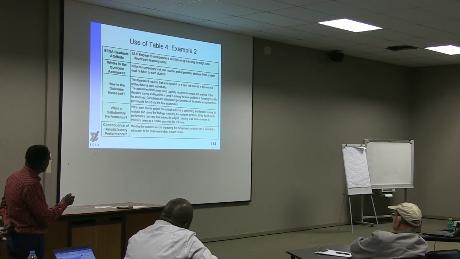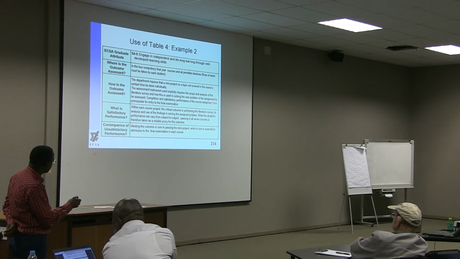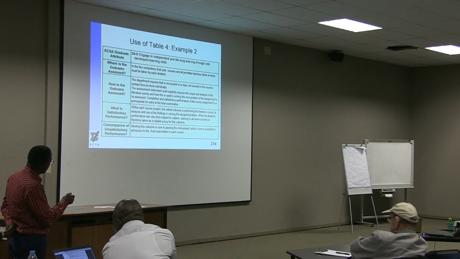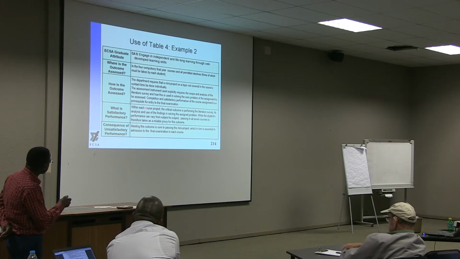The assessment instrument used requires the scope and analysis of the literature survey and how this is used in solving the core problem of the assignment to be assessed. Completion and satisfactory performance of the course assignment is a prerequisite for entry to the final examination. We stated it clearly. What is satisfactory performance?